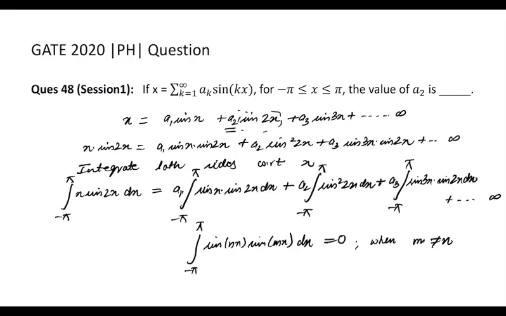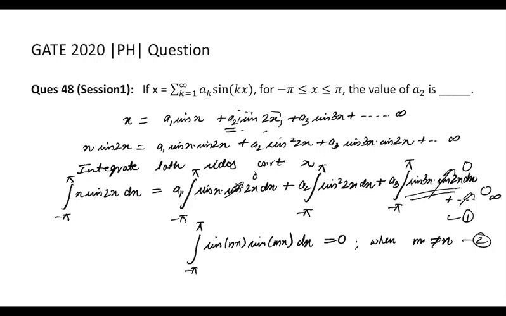So using this property in equation 1, you can write equation 2. All these integrals where m is not equal to n, for example this integral where m is say 2 and n is 3, so they are not equal, will vanish. Similarly, your first integral will vanish, and all the subsequent higher integrals will also vanish, because in that case also m is not equal to n.